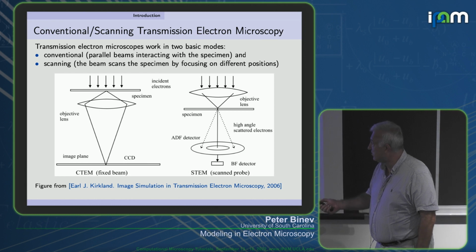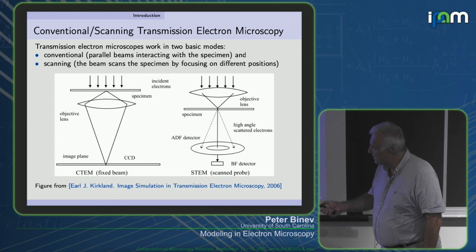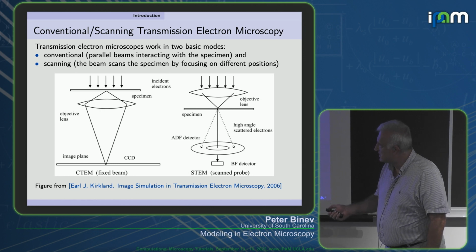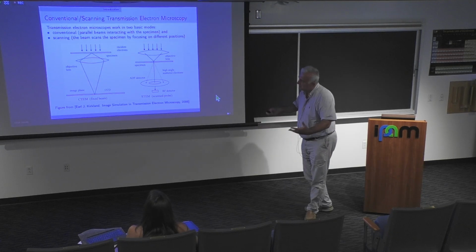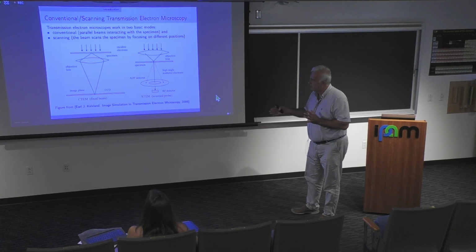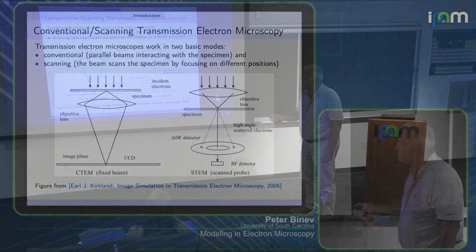It is the conventional one, which has the parallel beams going through the specimen, and then we have the result in the end in the kind of matrix of pixels, or we can just observe one single position.